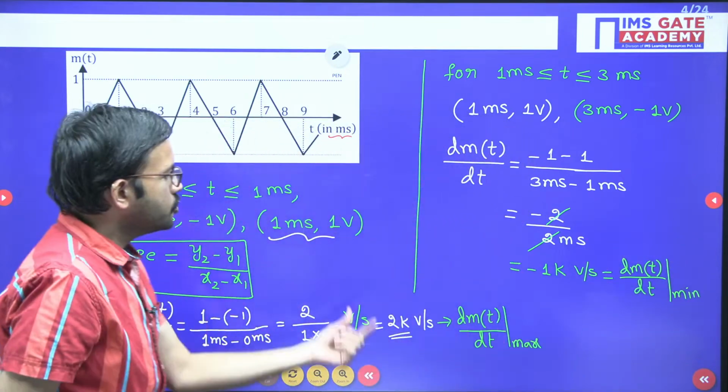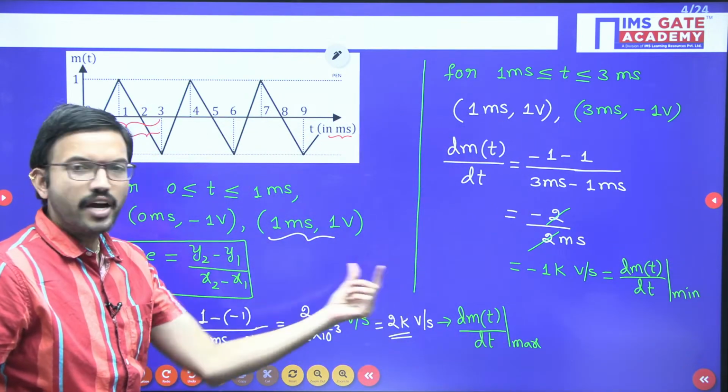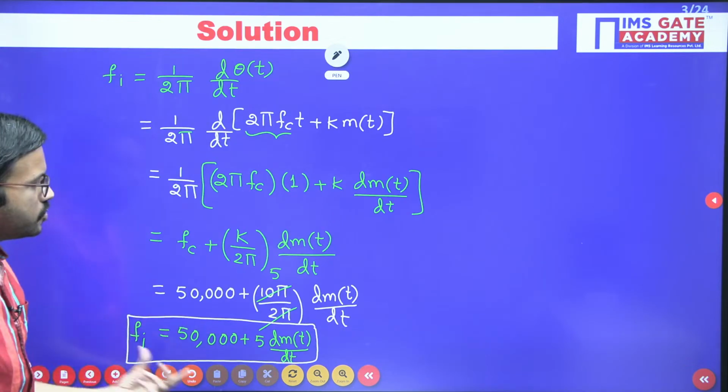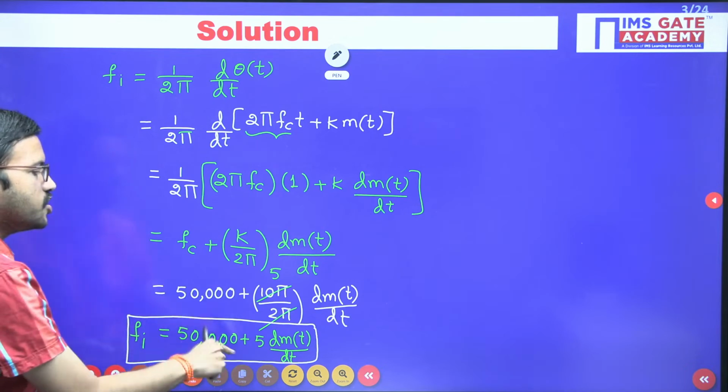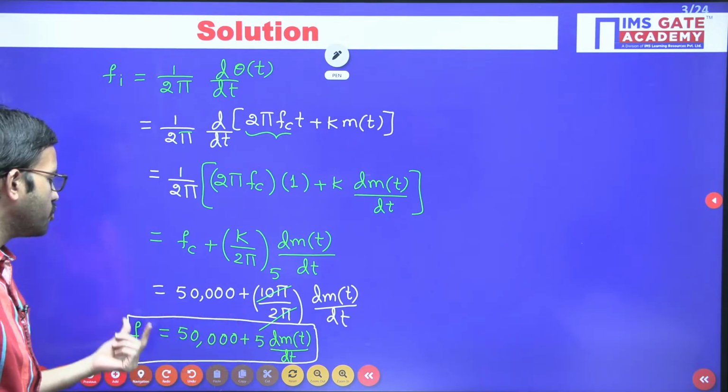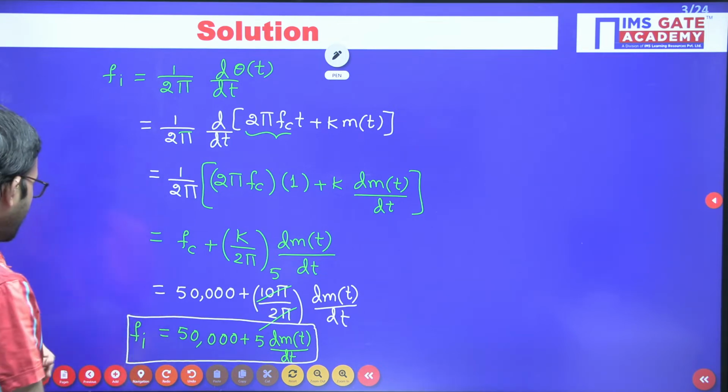Now you have the maximum and minimum values of the derivative of m of t with respect to t. Now you can use this particular equation. When you substitute the maximum, you get the maximum instantaneous frequency. When you substitute the minimum, you get the minimum instantaneous frequency, right?